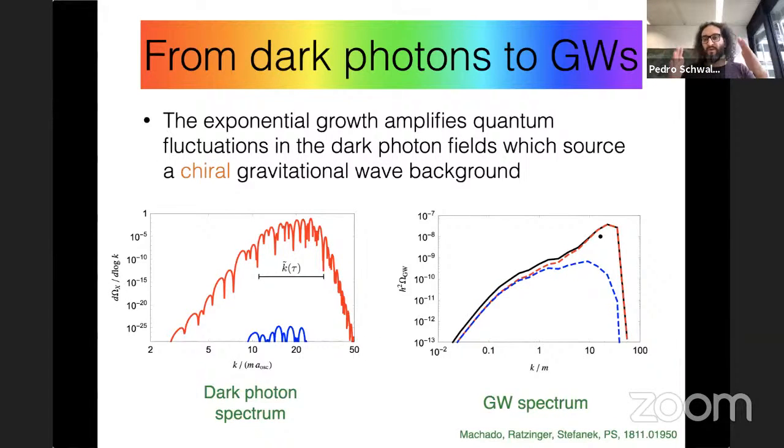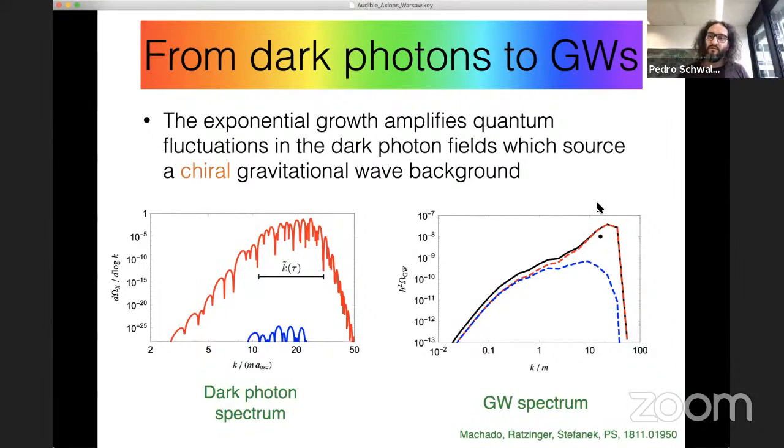Since these are fluctuations with a specific length scale, if you plug them into the Einstein equations to compute the gravitational wave source of this configuration, you find that this produces a chiral gravitational wave background. This is what we show in this figure on the right. It has a very clear peak, which is associated with the range of momenta which go tachyonic, which again depends on the scale when this dynamic starts.